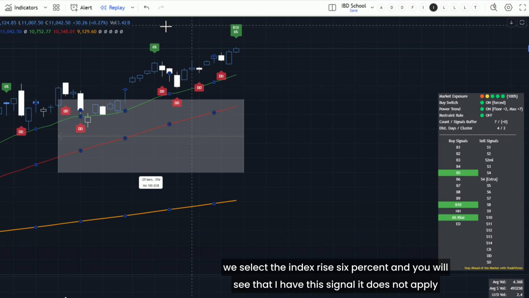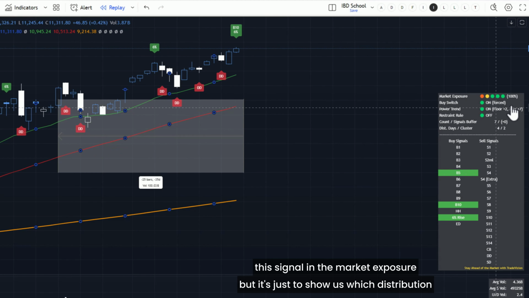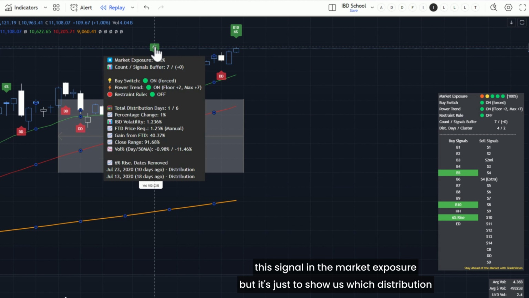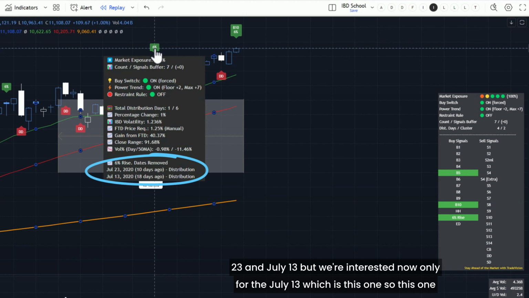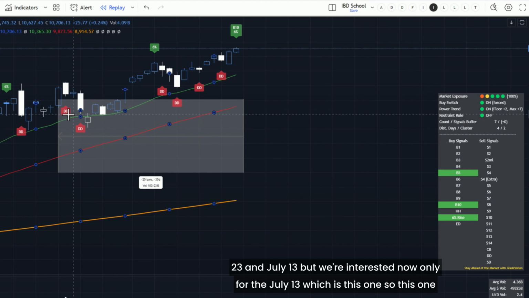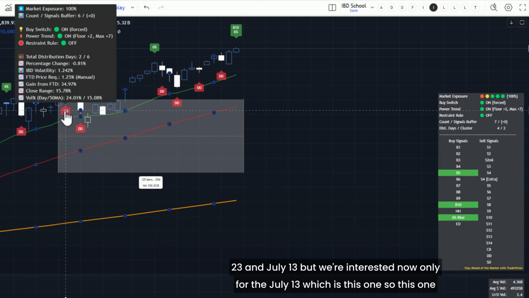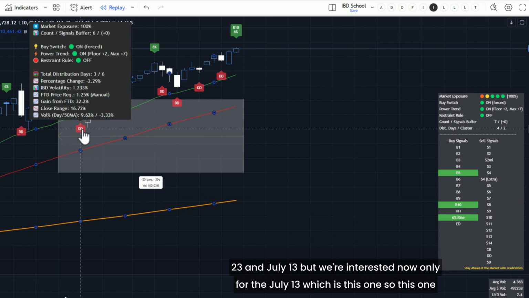It does not apply this signal in the market exposure, but it is just to show us which distribution days were removed. On this bar, the distribution days that were removed were July 23 and July 13, but we are indexing now only for July 13, which is this one.